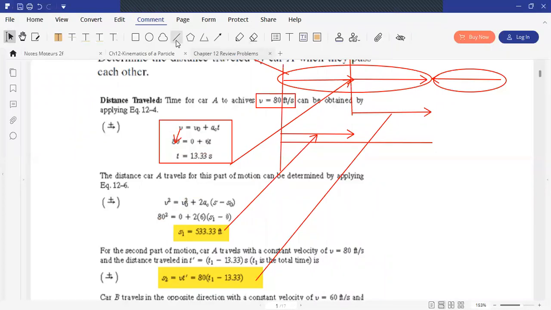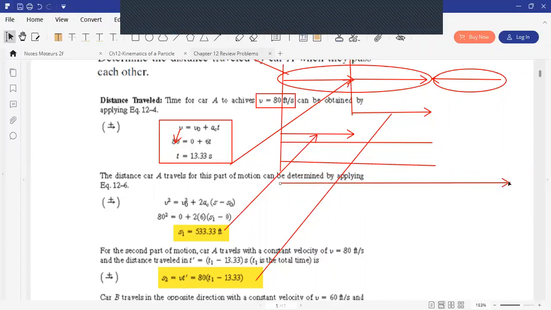So the coordinate of B will represent this part. This is the coordinate of B. So the coordinate of B, if you want, is 6,000, the total distance, minus S3. Because we know that the distance from the origin to the initial position of B is 6,000.